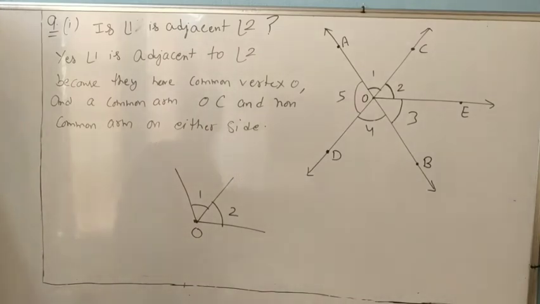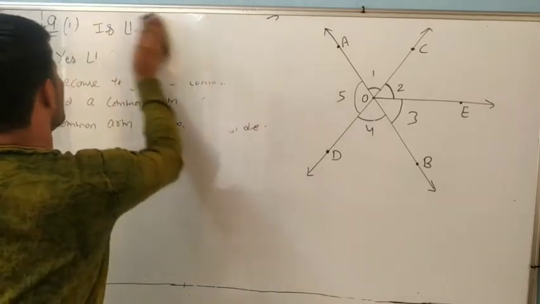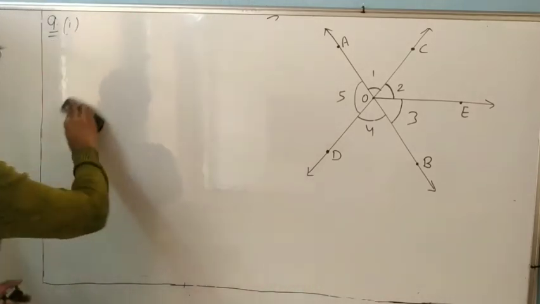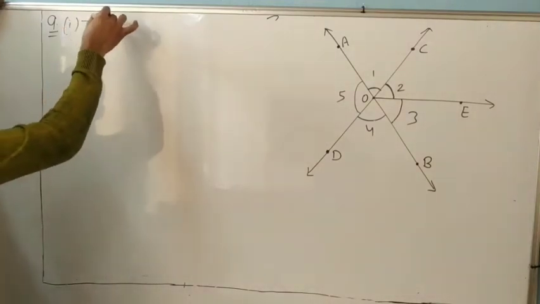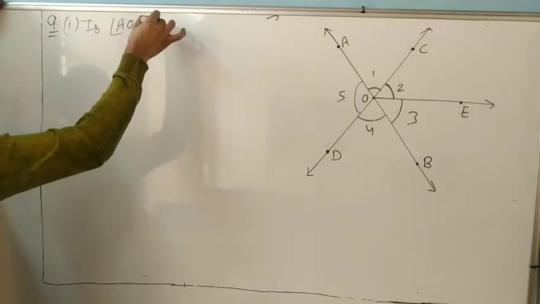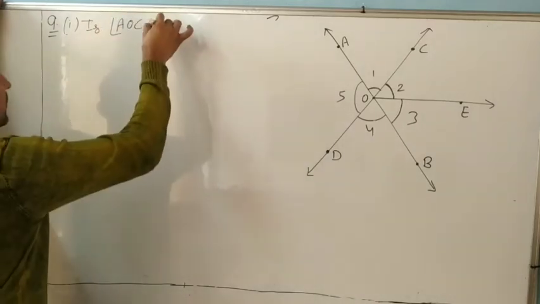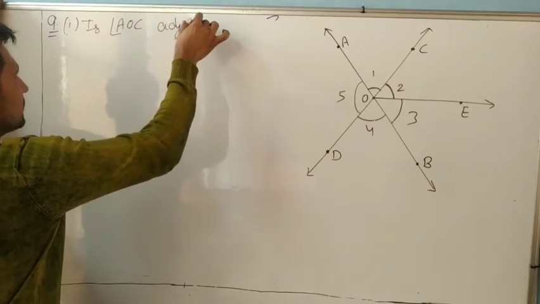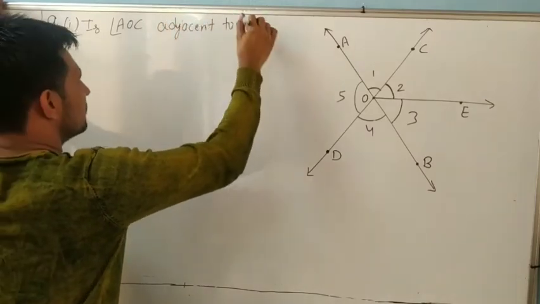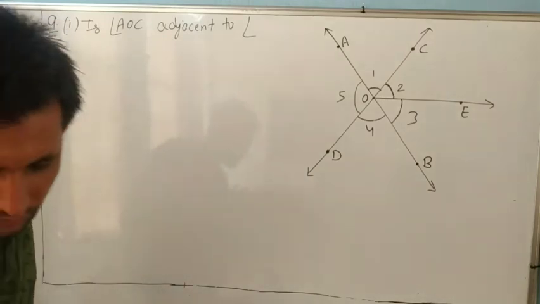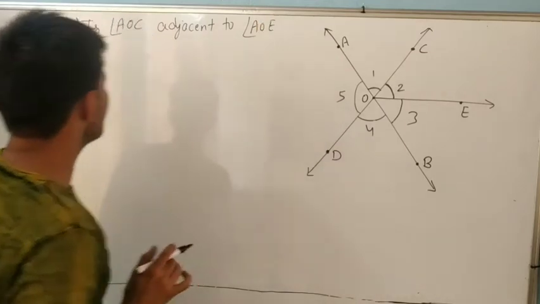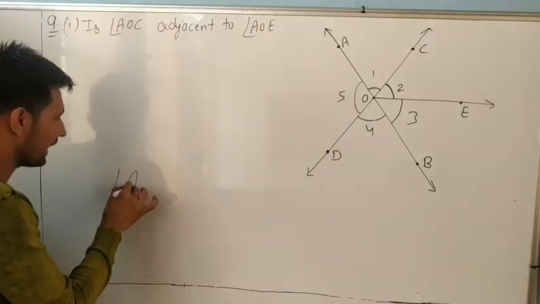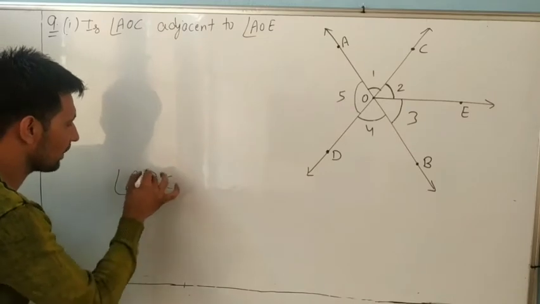Now next, second part, please note down. Second part is: is angle AOC adjacent to angle AOE? Always dear, whenever we take angle ABC, it means we are talking about angle B in the middle.